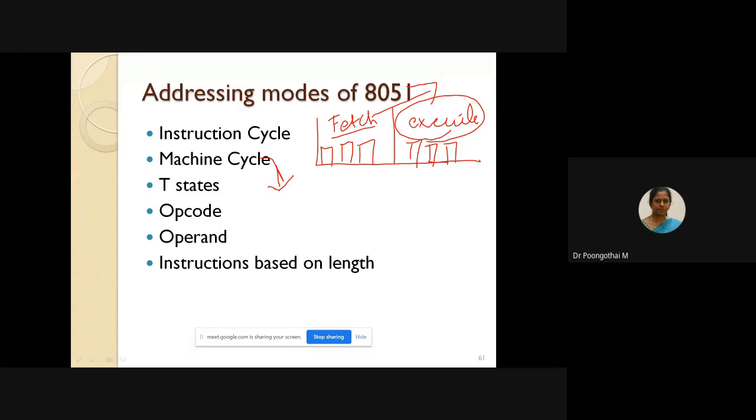This machine cycle is part of your instruction cycle. It is the time required to transfer data to or from memory or IO ports. And regarding T states, each machine cycle consists of several clock cycles. I have already explained this.